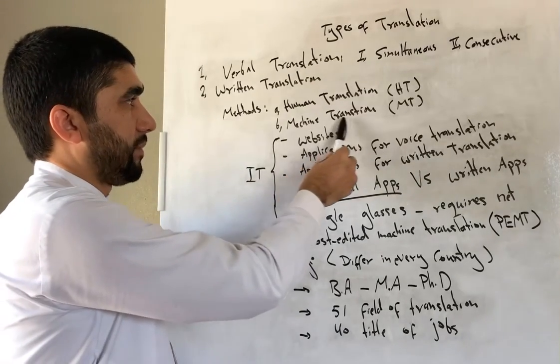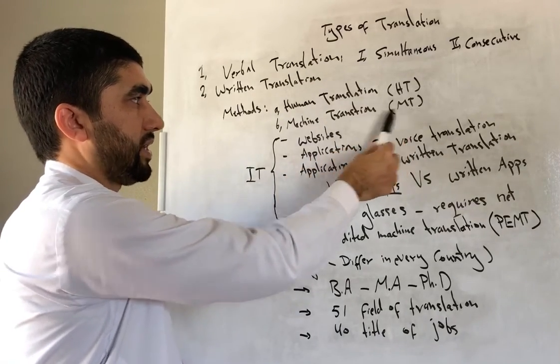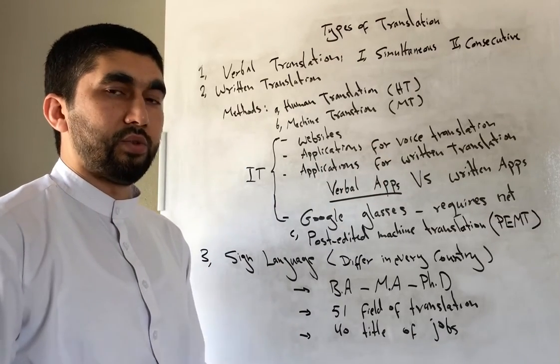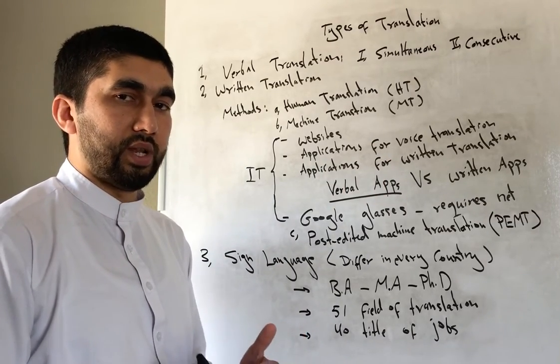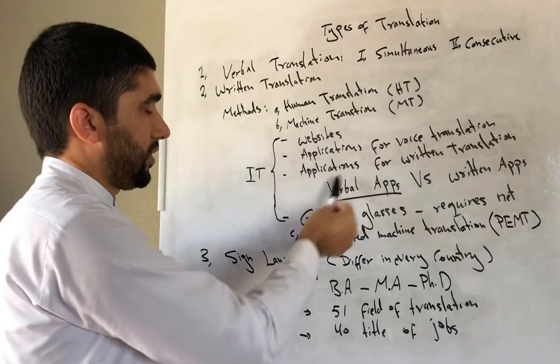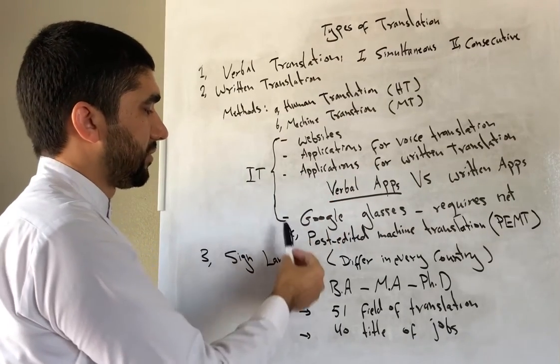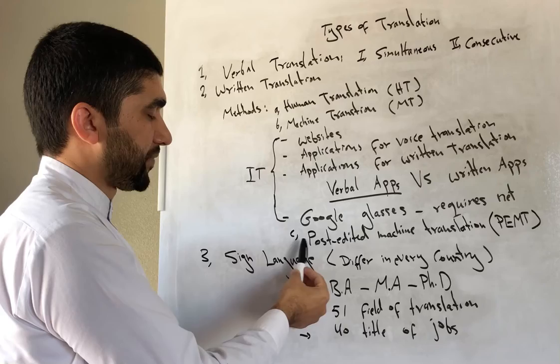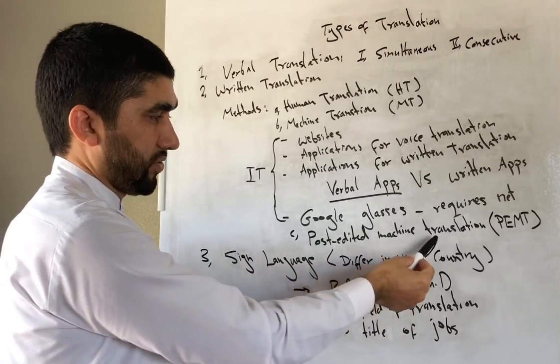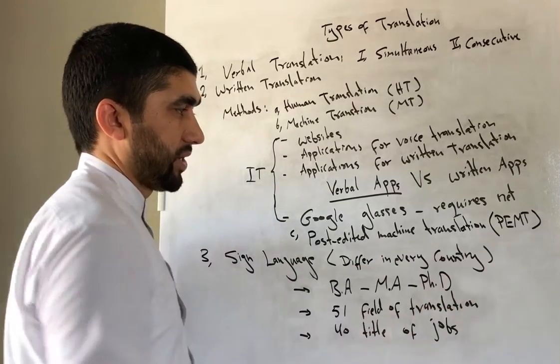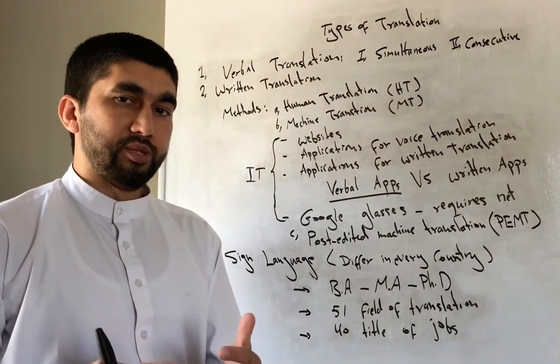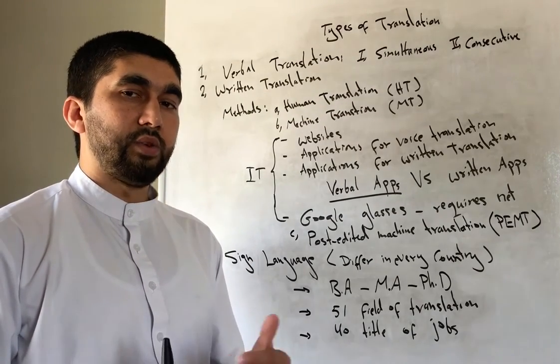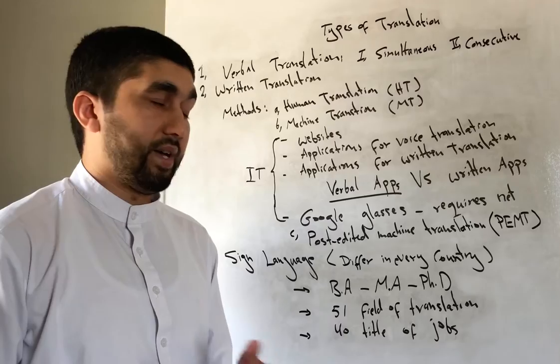Now the second one is machine translation, or MT, which simply means the machine, or the technology, is going to make a translation for you. Now we won't go into this in detail, but the third one, or the C, is called post-edited machine translation, PEMT, which simply means that once something is translated by a technology device, then you have to edit that, then you have to proofread that.